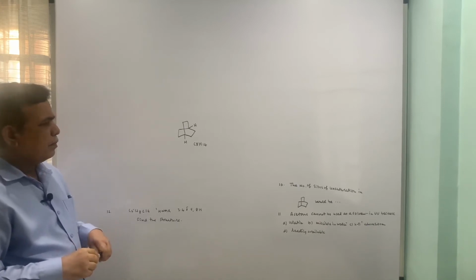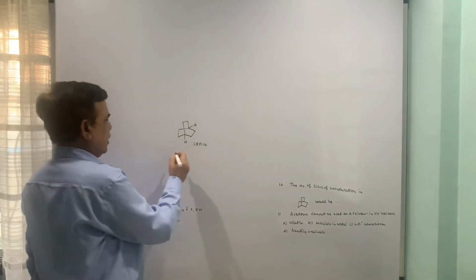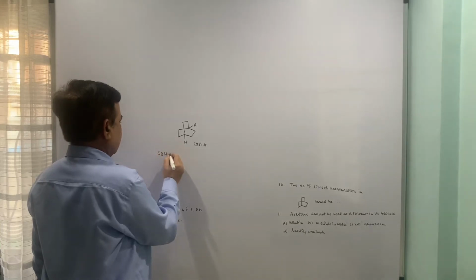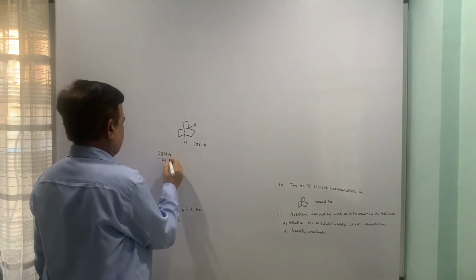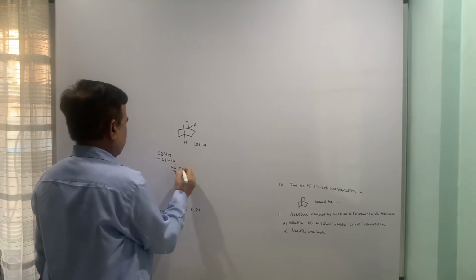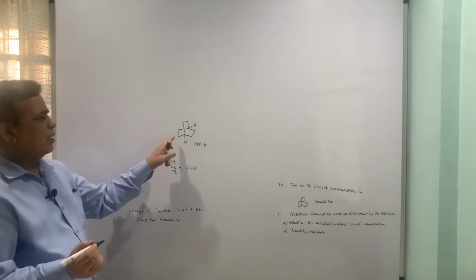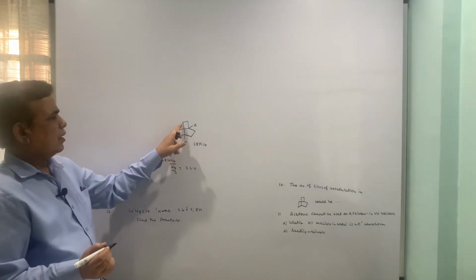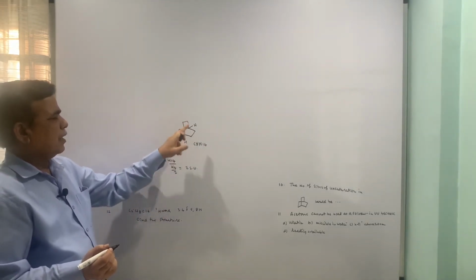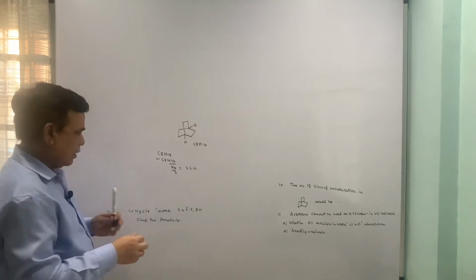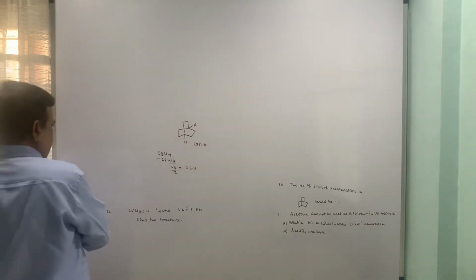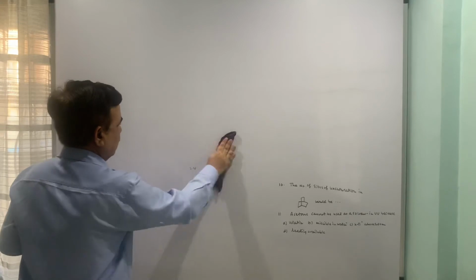C8H14. The parent hydrocarbon is C8H18, C8H14. 4 hydrogens are missing, 2 sites of unsaturation. So there are 2 rings. This is one ring, 6 membered, this is another ring, and it is a bridgehead system. So 2 sites of unsaturation for this molecule.